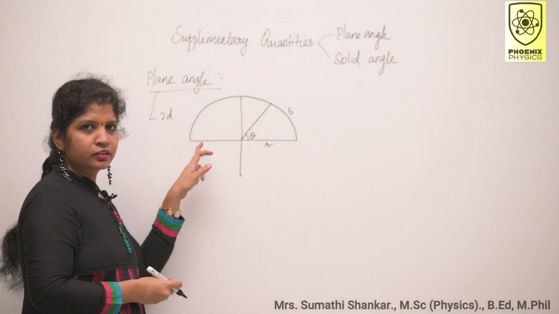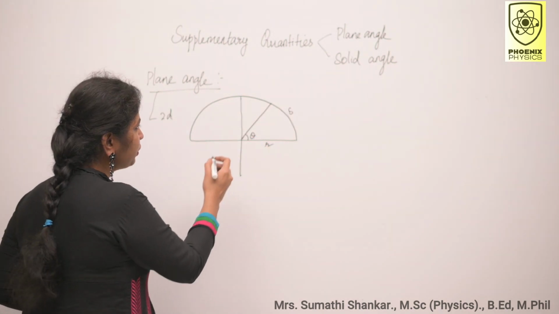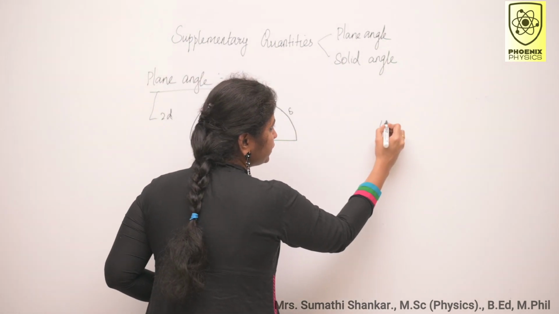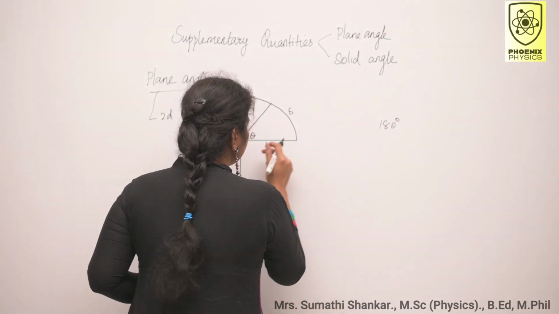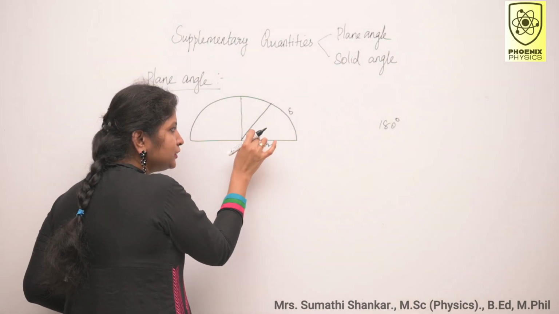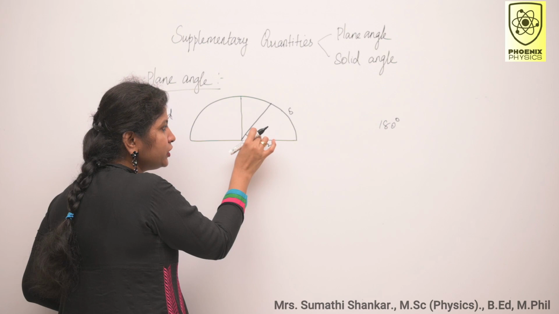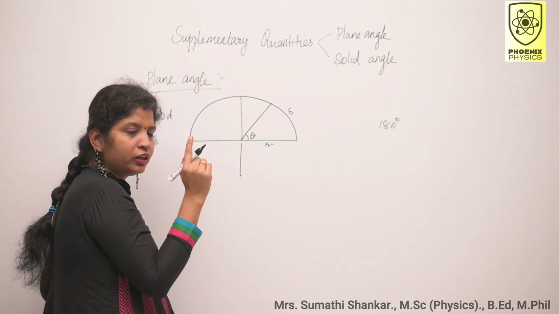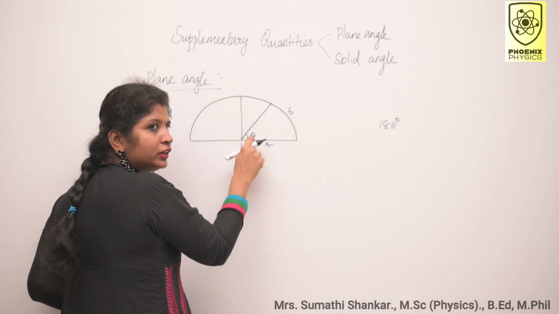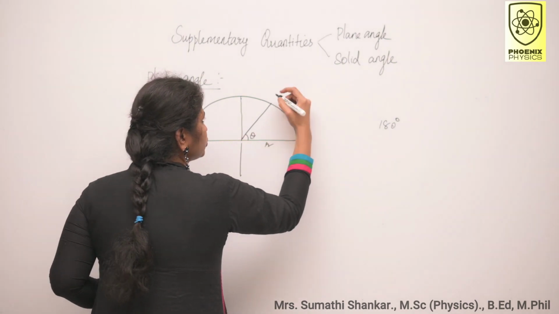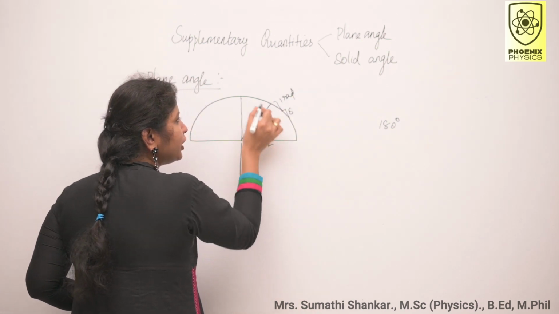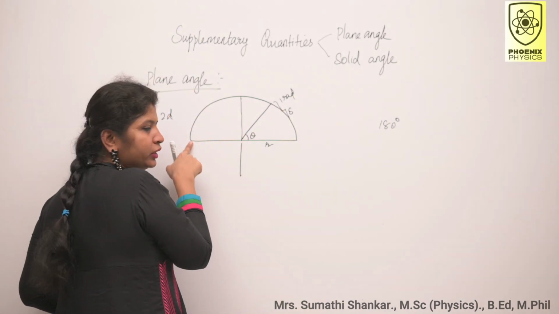Consider this semicircle. The maximum possible angle for this semicircle is 180 degrees. You know. Just now we found out this angle theta is equal to 1 radian when s is equal to r. So up to here is 1 radian, divide the circle up to here.